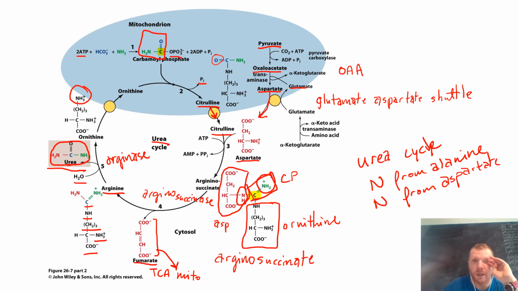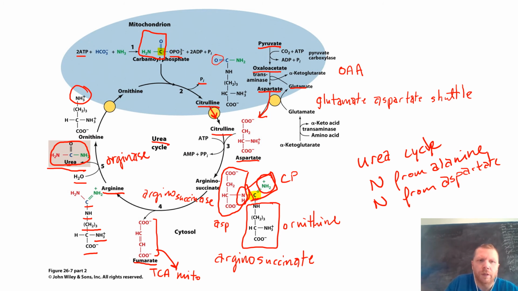Quite a bit of this takes place in the cytosol, but there are some steps that take place in the mitochondria. So the release of this ultimately gets rid of this NH2, which, if not for this cycle, could ultimately be quite hazardous and quite potentially fatal.